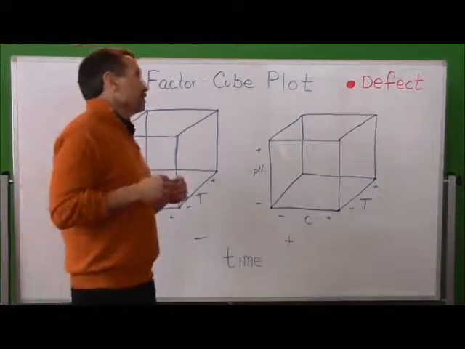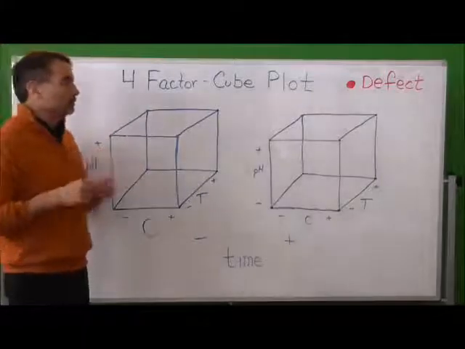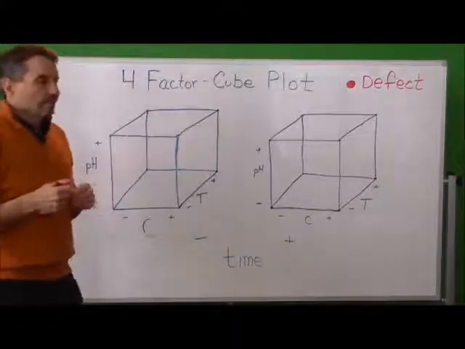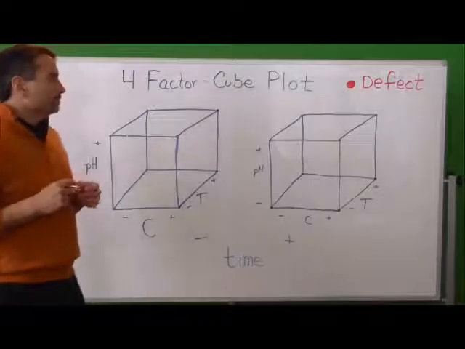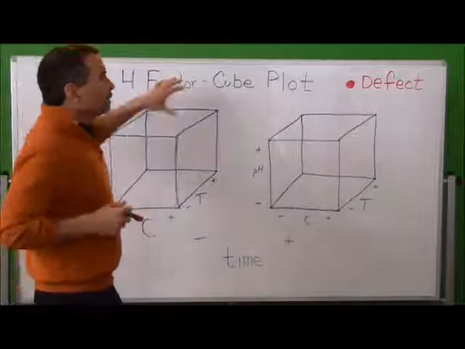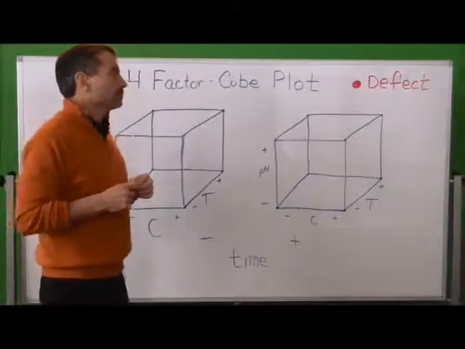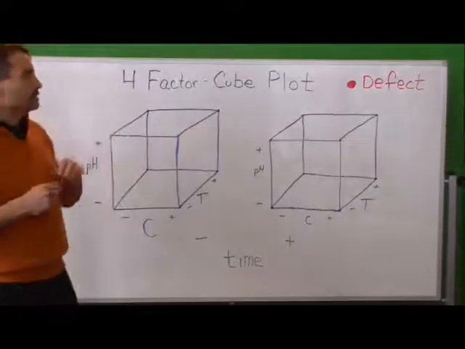So let's go through a list of potential factors that could show up and where they would show up after we graph them. Let's go first off with a main effect factor, where that would show up. What we're going to do is plot with a dot or a bubble plot the defect, and we're going to show the defect in red.